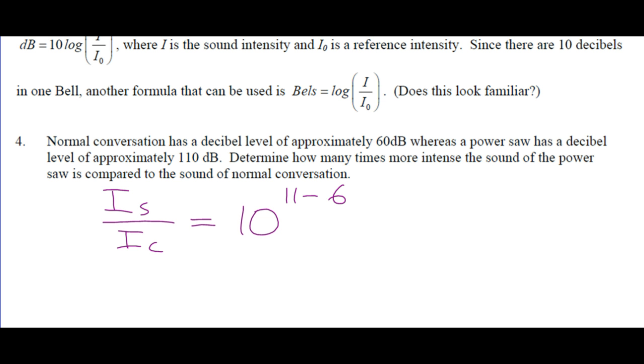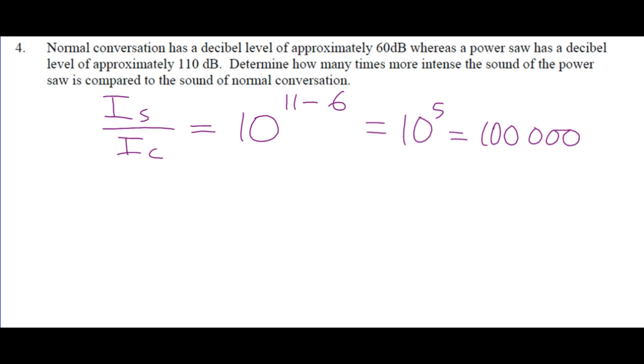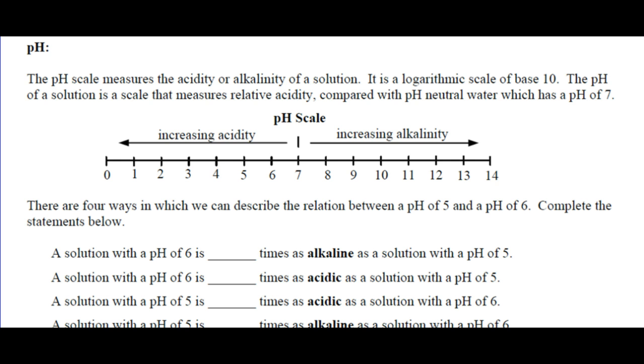So it's 10 to the power of 11 minus 6, which is 10 to the 5th, which is 100,000. So a power saw is 100,000 times more intense in sound pressure measurement than normal conversation. So right now, I'm at normal conversation level, so 100,000 times more intense than that. Really? That's it for decibels?